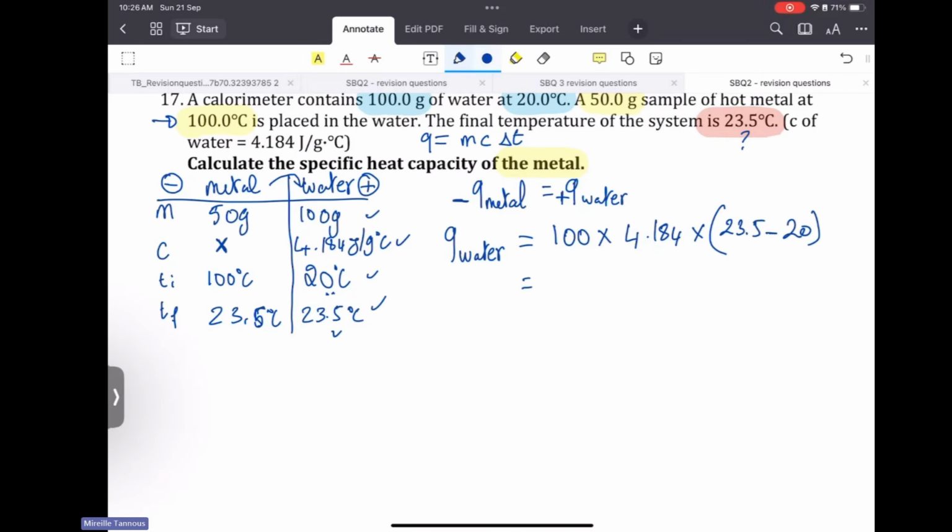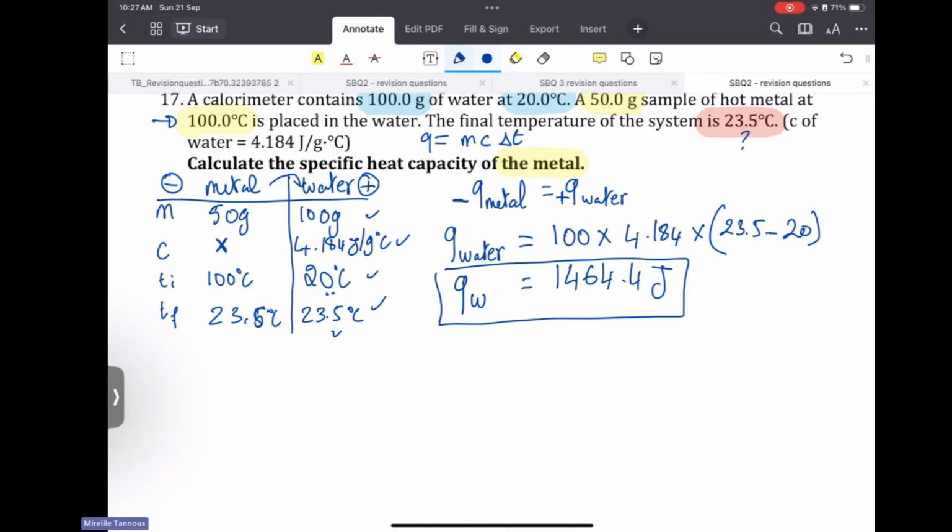So the Q gained by the water will be equal to 4.184 times 100 times 3.5, so it would be 1464.4 joules. That's the Q, and it is a positive answer gained by the water.